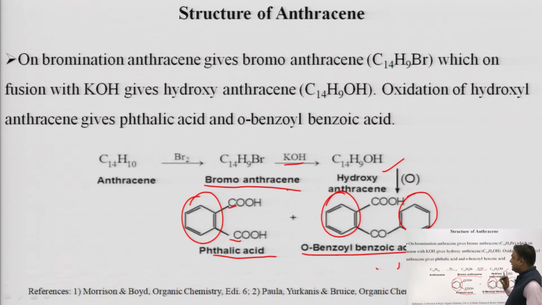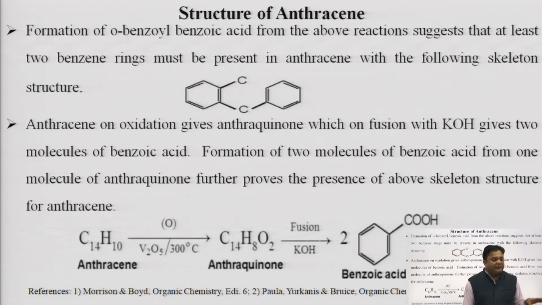So, this is the clear indication. Now, the formation of orthobenzoyl benzoic acid from the previous reaction suggests that at least 2 benzene rings must be present in the anthracene molecule with the following structure.